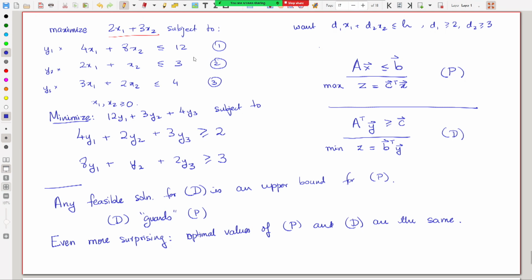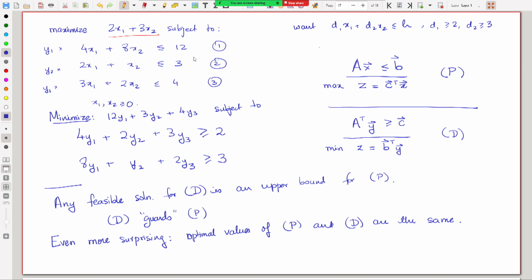So if there is a least upper bound, it is also a maximum. If it's unbounded, then there is no least upper bound, but if it's bounded, its least upper bound is a maximum, because the set of values taken by 2x1 plus 3x2 subject to these is a closed set, just because these constraints themselves give you a closed set.